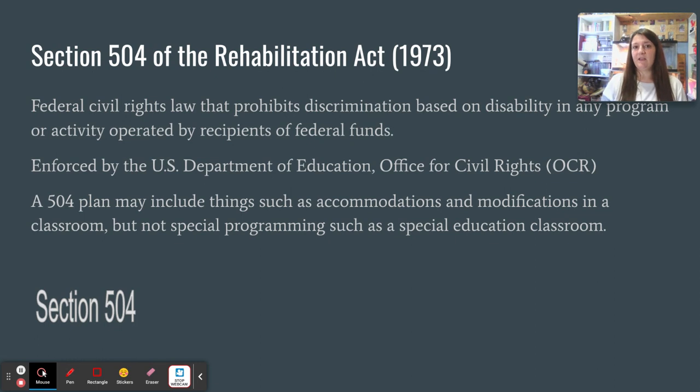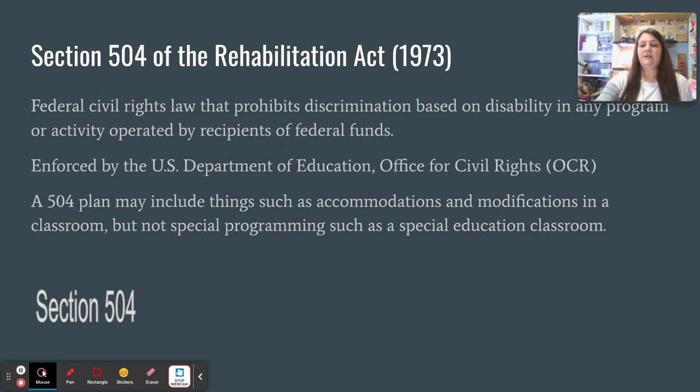They cannot discriminate against a student with a disability. And they must also choose a location that is appropriate for all students. It's important to note, too, with a 504 that evaluations and placement procedures are required to ensure that a student is not misclassified or mislabeled, or put in an inappropriate classroom.